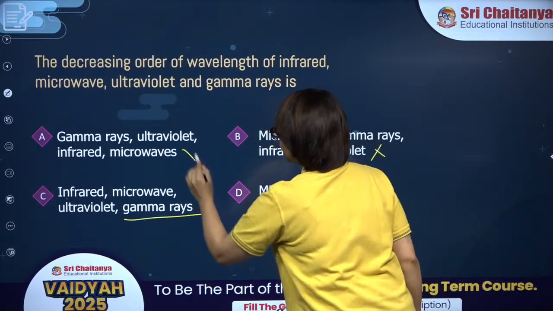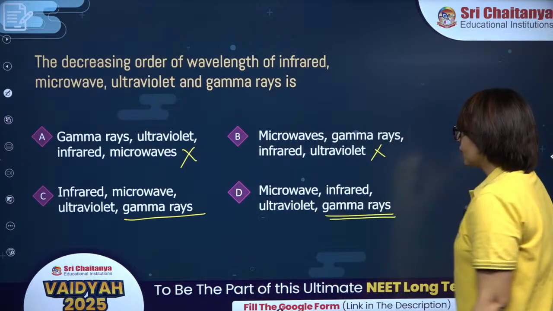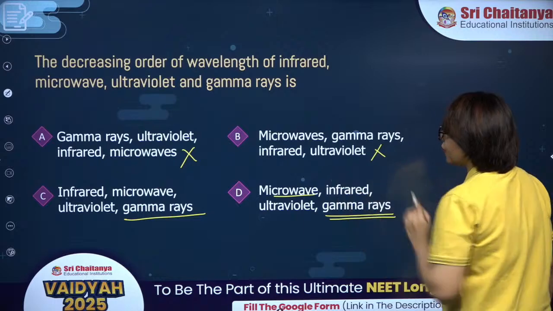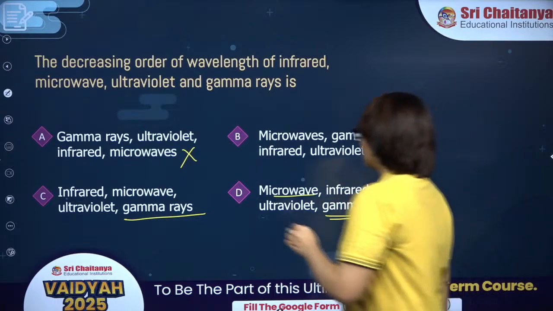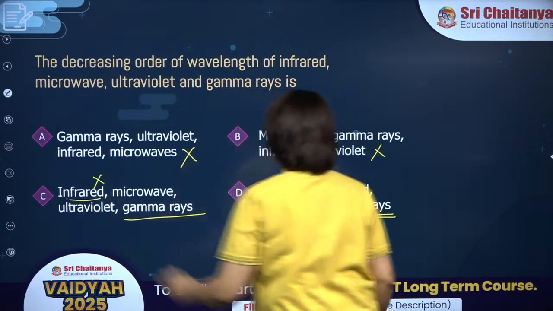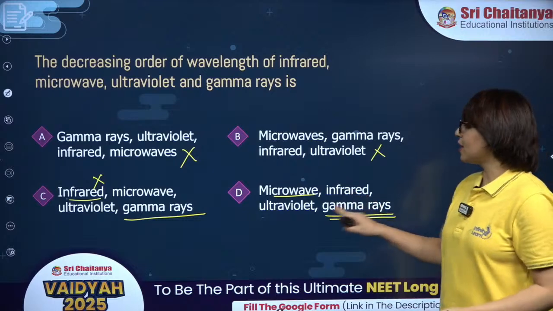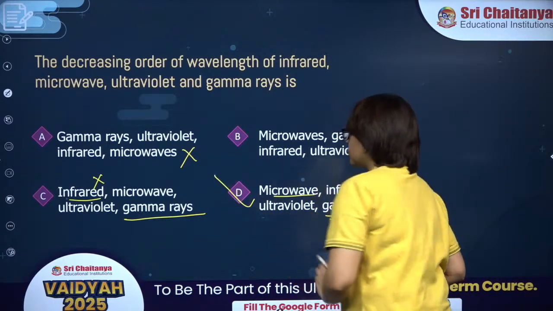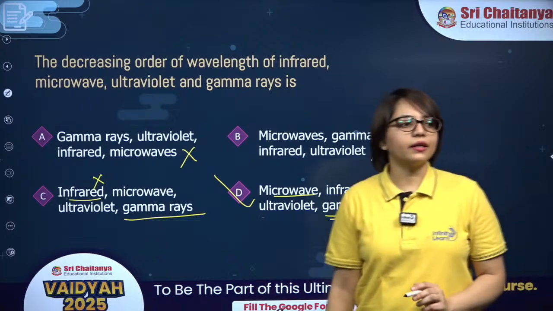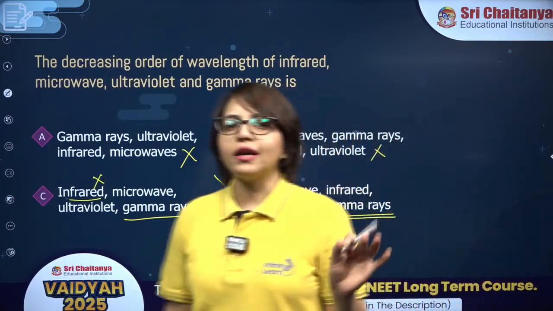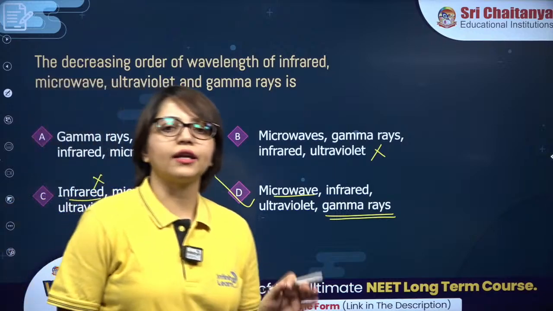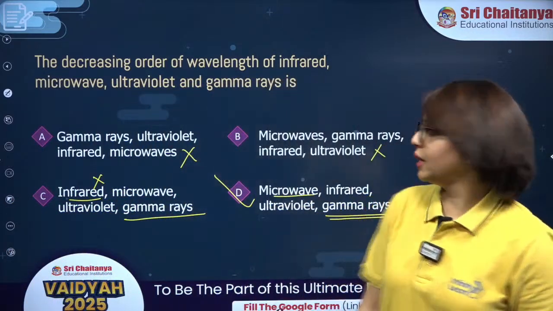This is possible. This is not possible. Out of these 4, microwave has the maximum wavelength, so this is not possible. After micro, we have infra, ultra and then gamma. So the correct answer is option D. In EM waves, you should know the frequency and wavelength range of the electromagnetic spectrum. Fine?